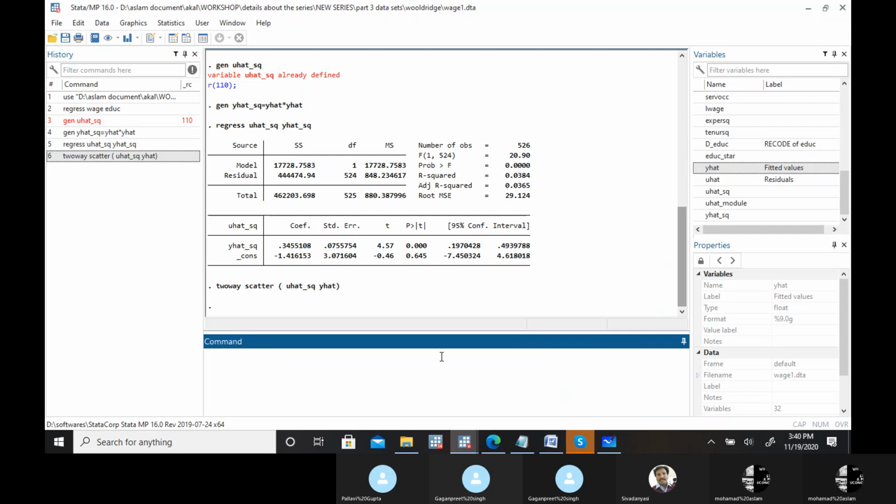So for that we have to generate log of u hat square, that is equal to log of u hat square.